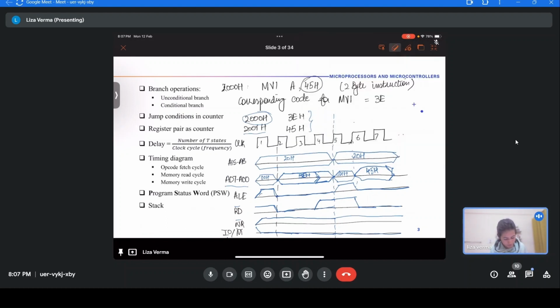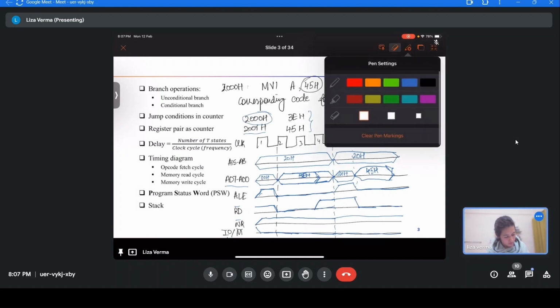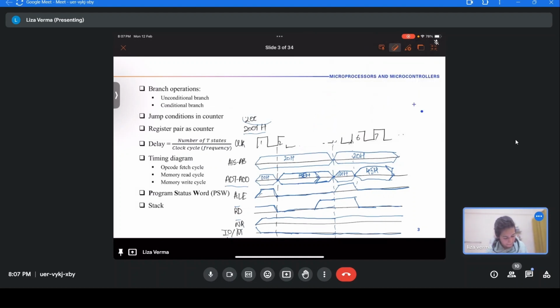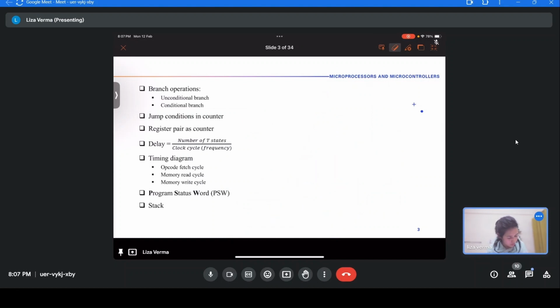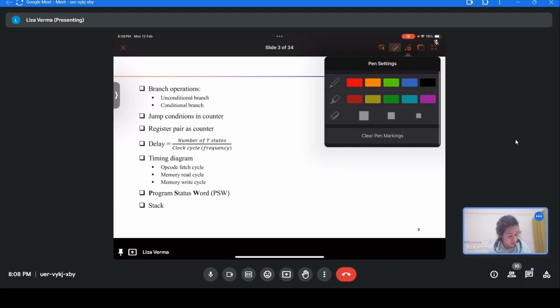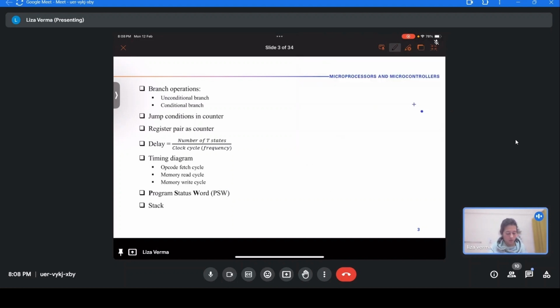So this was an example of memory read. What will happen in case of memory write? Let's see that. The opcode fetch cycle and its T state signal conditions will remain the same for all the instructions, right?